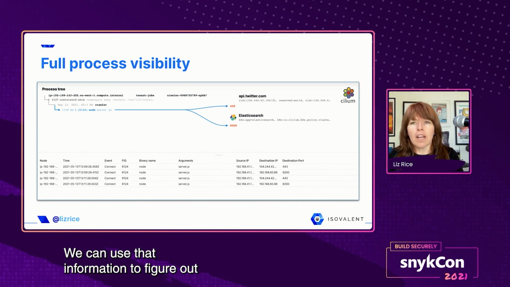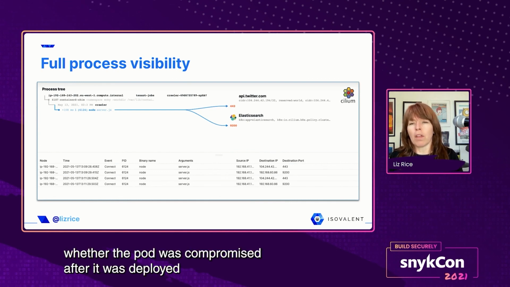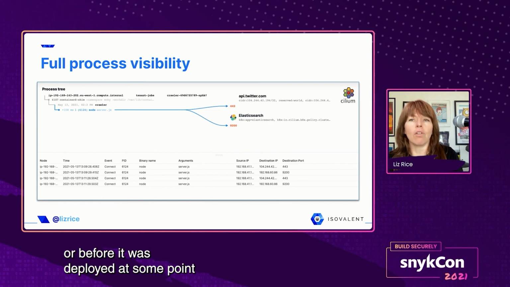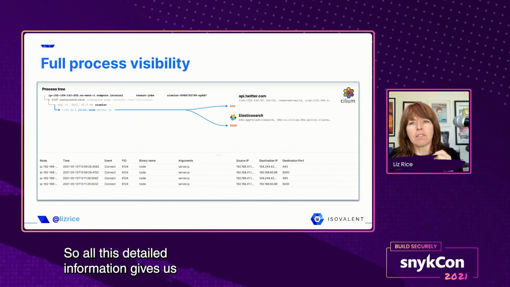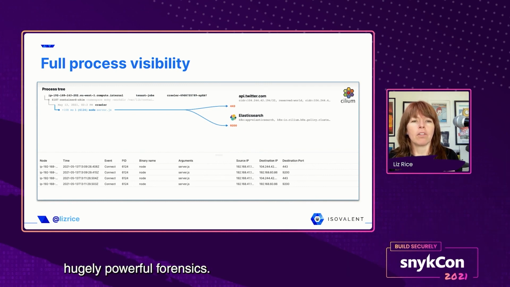We can use that information to figure out whether the pod was compromised after it was deployed or before it was deployed at some point during the build process, perhaps. So all this detailed information gives us hugely powerful forensics.